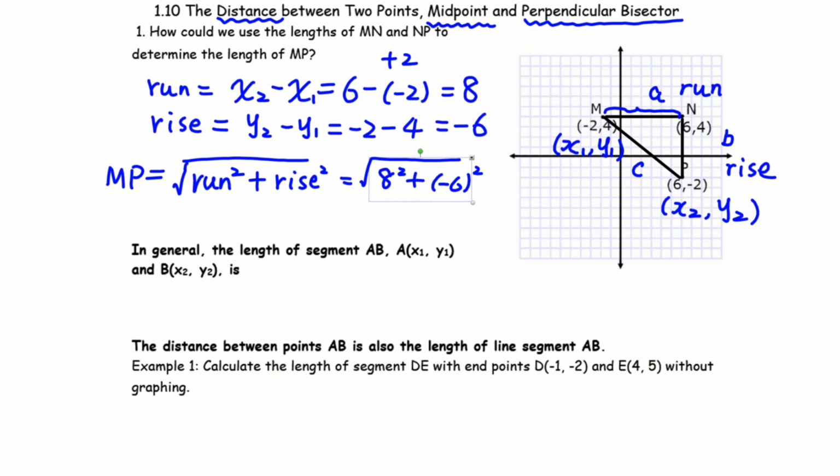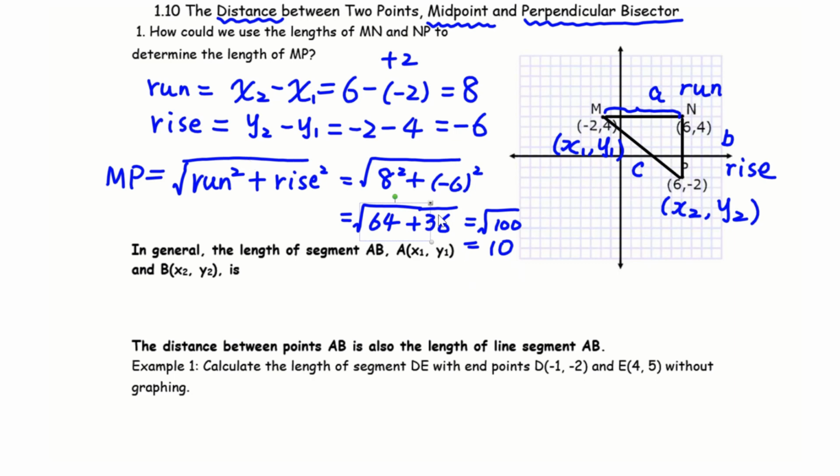We are going to have 64 plus -6 squared, which is -6 times -6 giving you 36. Then you are going to have square root of 100. Use the square root sign on your calculator. You are going to get 10. So this is the distance between the 2 points M and P.